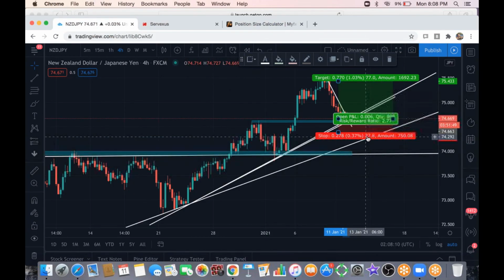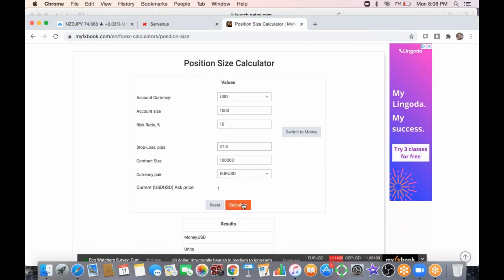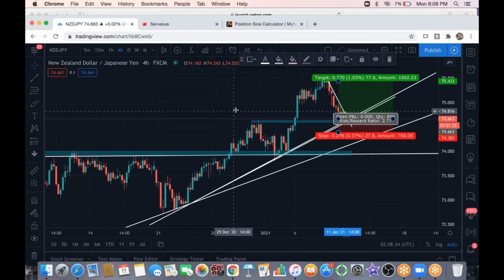It said 27.8 pips. Okay, I'm going to put the stop loss at 27.8 pips and click calculate, and it's going to tell you you're going to lose $100 on the trade because that's what you're putting at risk. And your lots are going to be 0.36. And you're going to plug that into your trading account. And that's how it works.